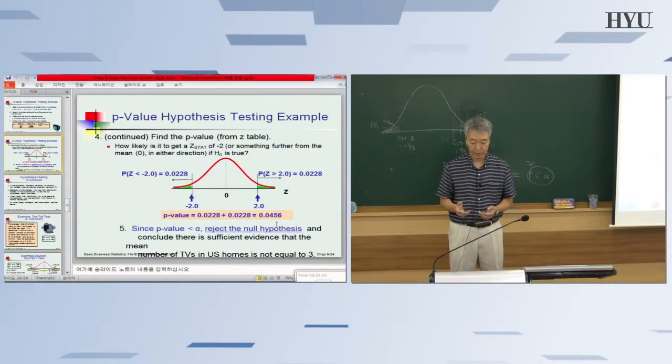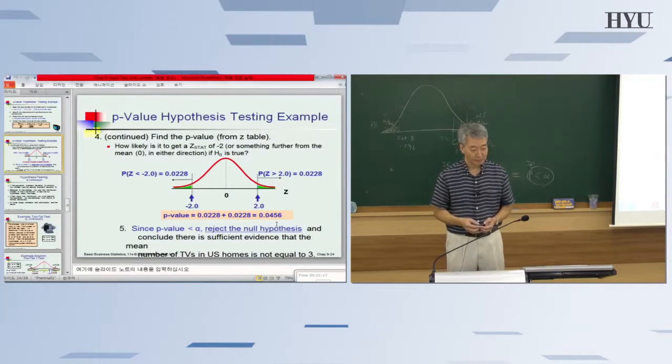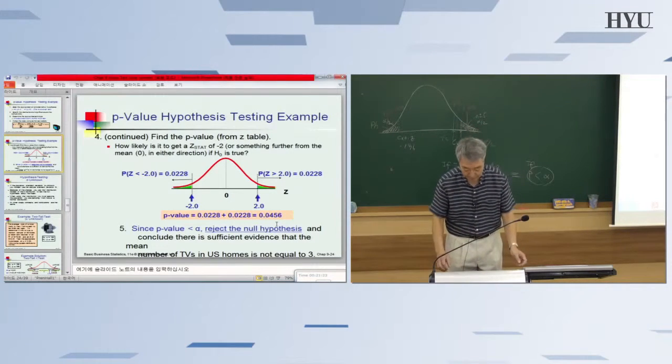You can be up to 95.4%, 95.44% confident, and you can still reject the null hypothesis, something like that, right?